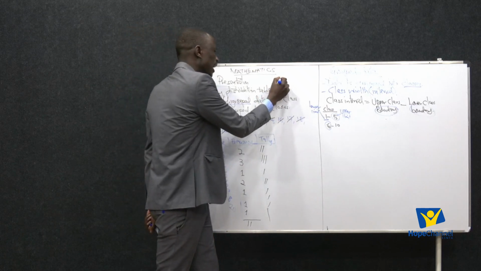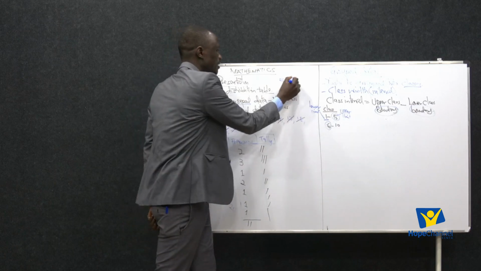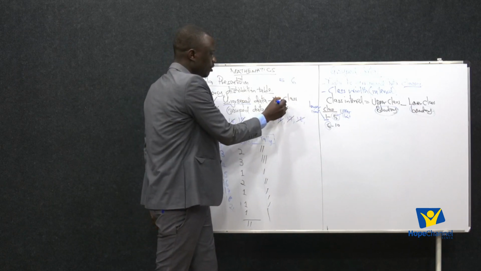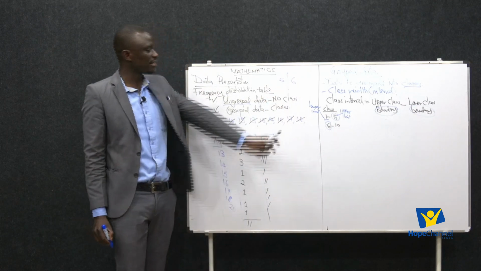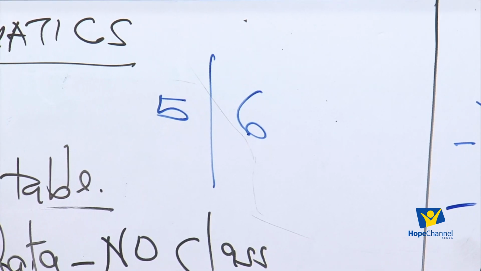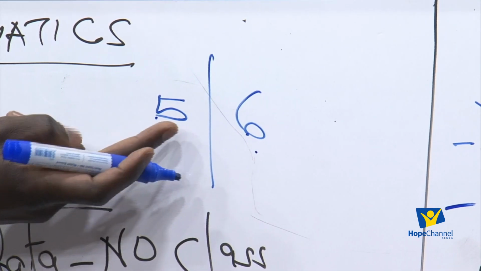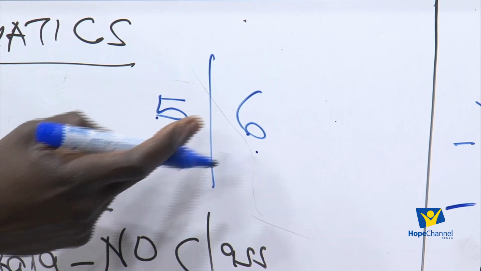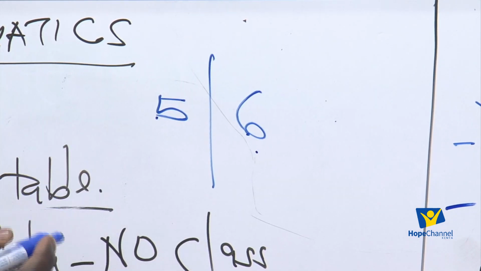What is the boundary? A boundary is a number that is between 5 and 6. A boundary is what is separating 5 and 6.